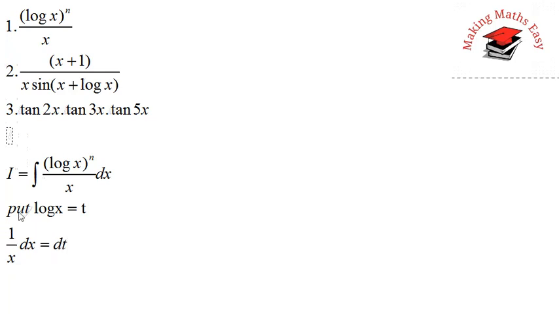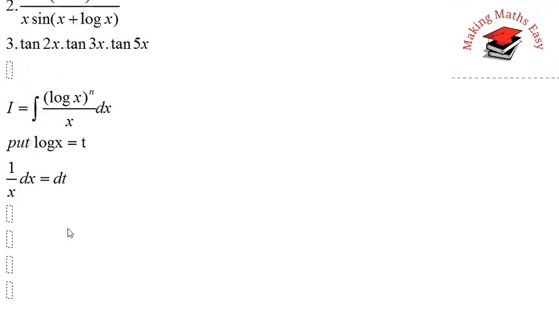So instead of log x we put t, and instead of 1 upon x dx we put dt. So let's solve.